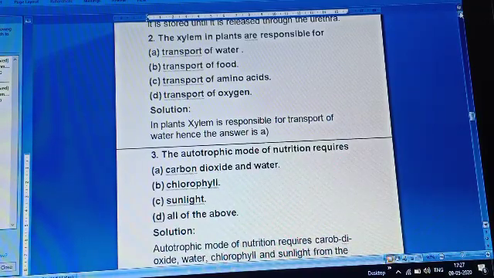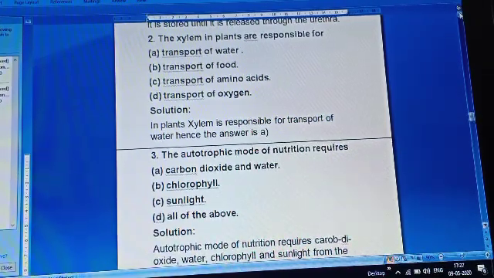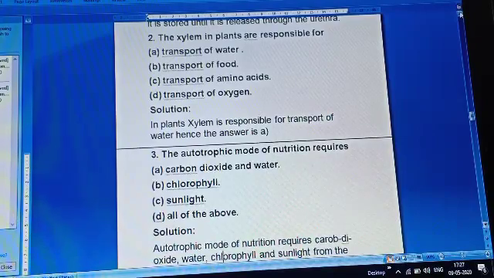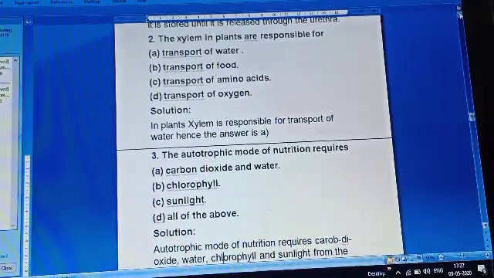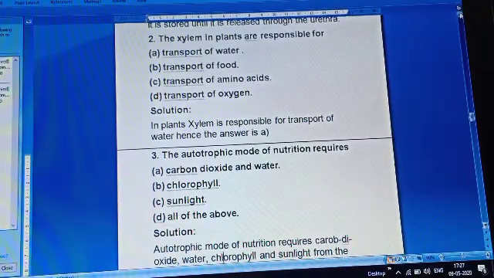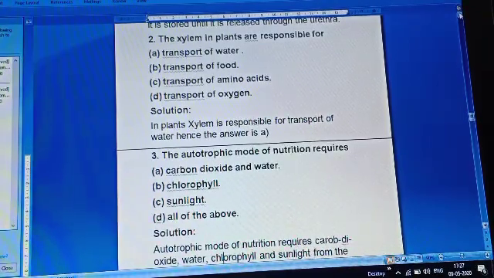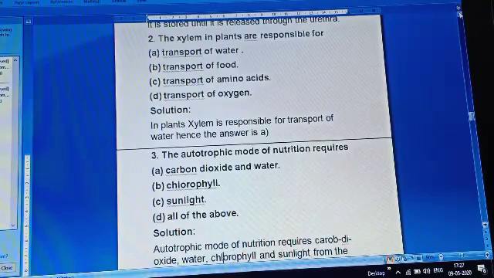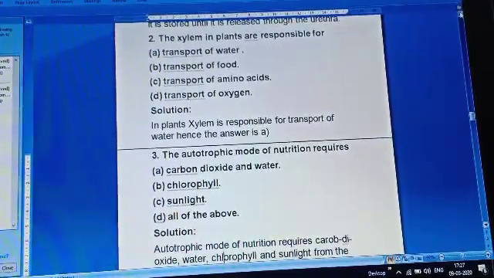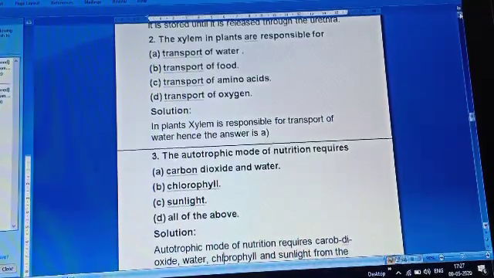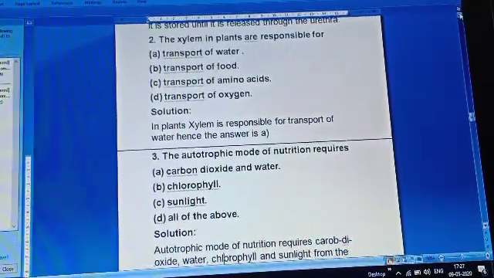The answer to this question is that it is mainly responsible for the transportation of water, because the rest of the things are transported by the phloem, such as food and amino acids, and the transportation of oxygen happens due to the respiration and photosynthesis processes.